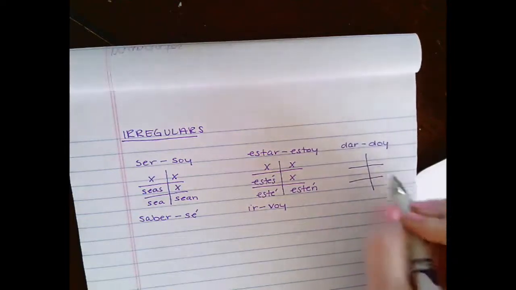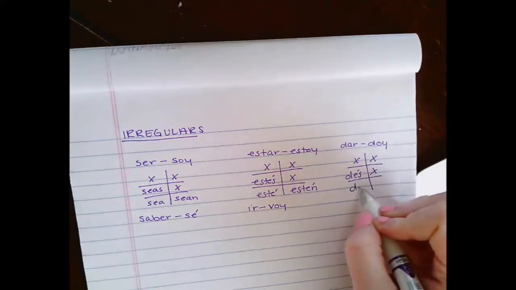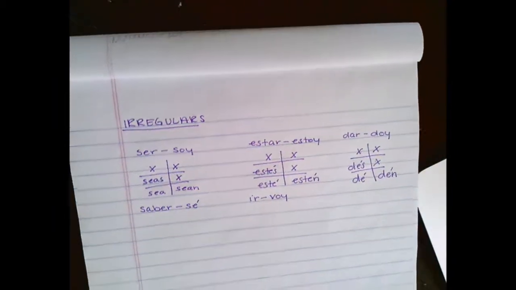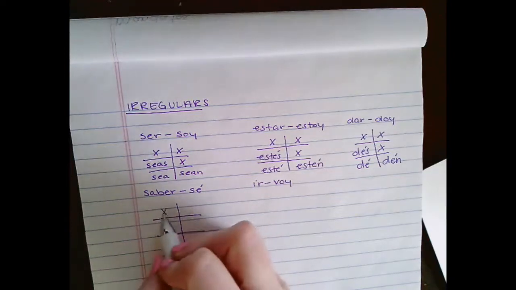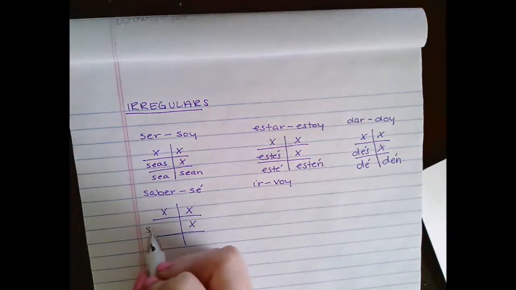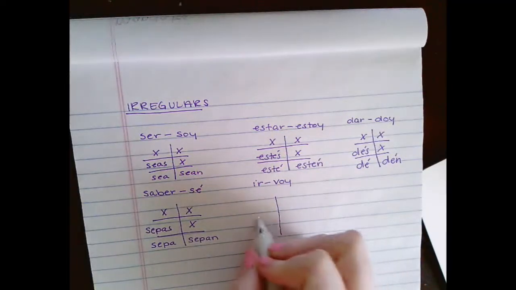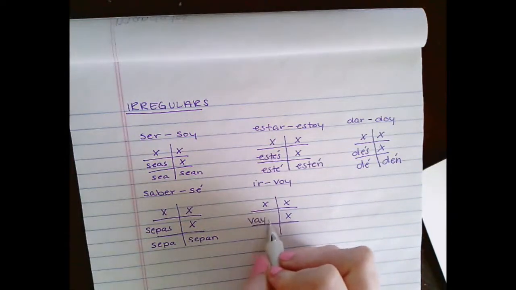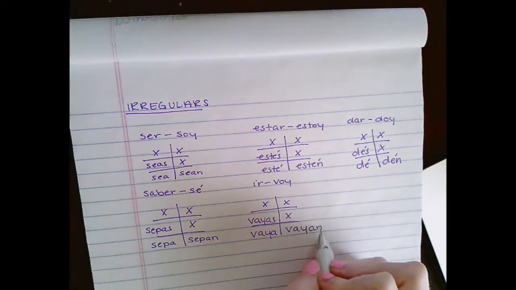And dar is going to change to des, dé, den. These bottom two, saber, changes to sepas, sepa, sepan, and ir changes to vayas, vaya, vayan.